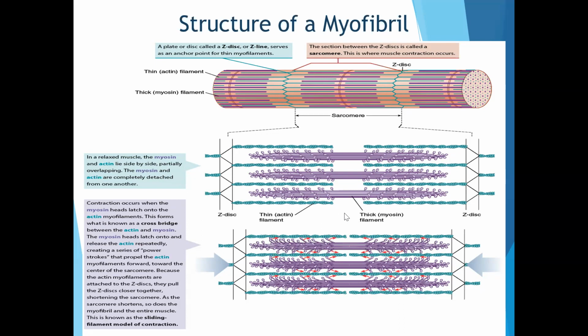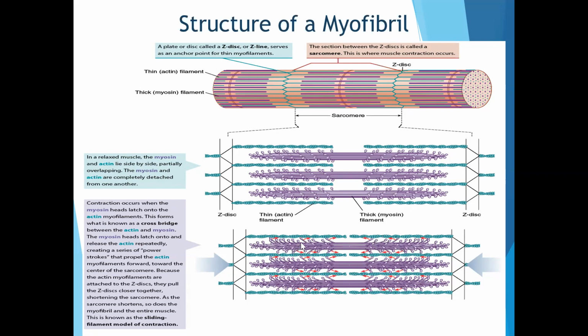And so that chain kind of continues onto a larger scale. And so the shortening of the sarcomeres throughout the muscle results in the shortening of the muscle itself. And so kind of the grab and the pull is known as the sliding filament model of contraction, because your actin and your myosin are sliding.